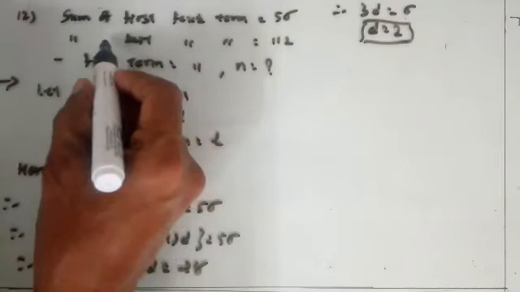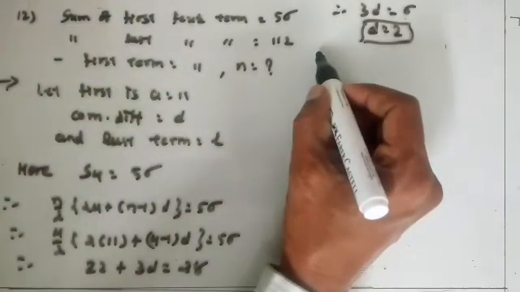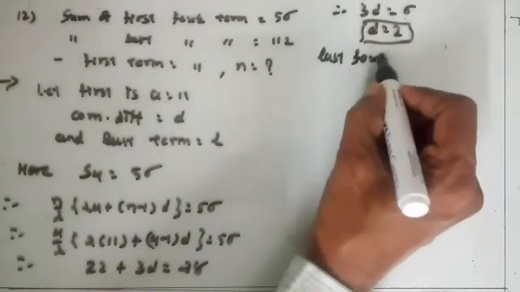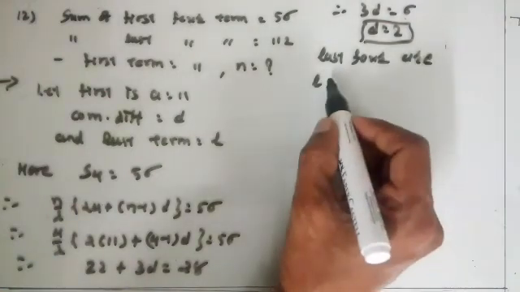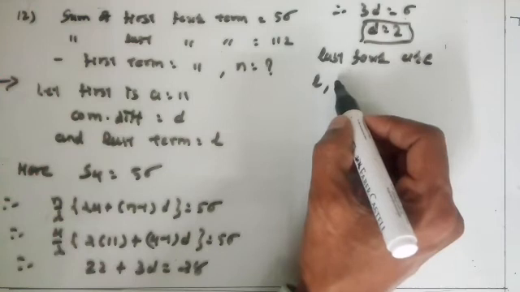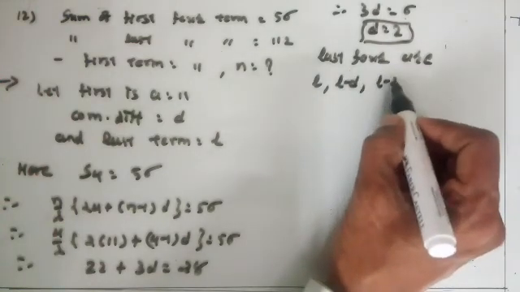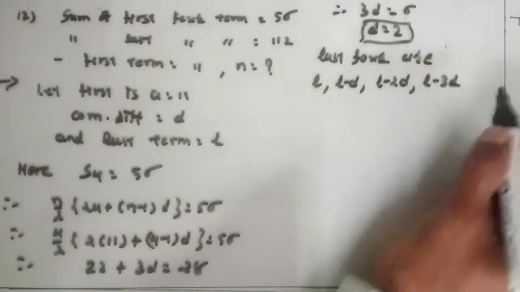And the sum of the last four terms. First write this. The last four terms are L, second last L minus d, third last L minus 2d, and fourth last L minus 3d.